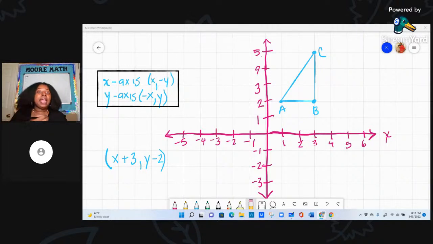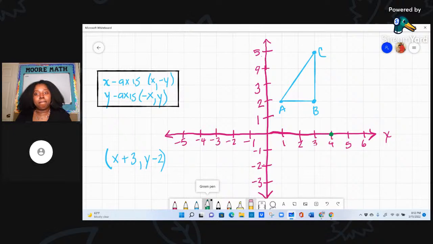All right, so tell me where A is. It is 4, 0. Okay, 4, 0. Good. Okay, so we went 3 to the right and 2 down. Good. Next.